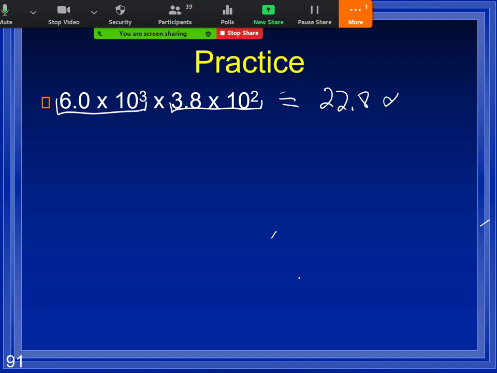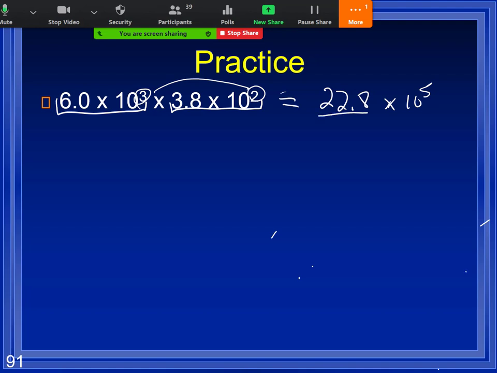And then, dealing with the exponent part, this got an exponent of 3, this got an exponent of 2, and I'm multiplying, and when you multiply, you add exponents. So I get 22.8 times 10 to the 5th, because 3 plus 2 is 5.